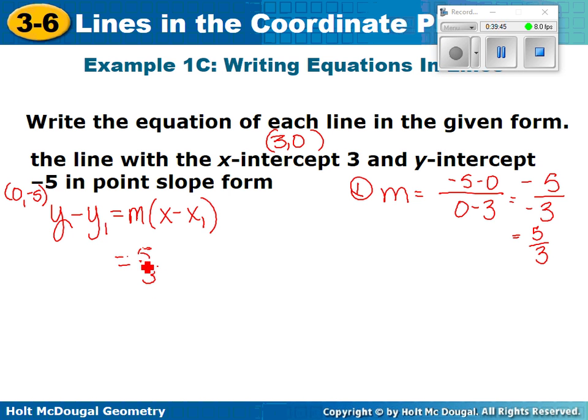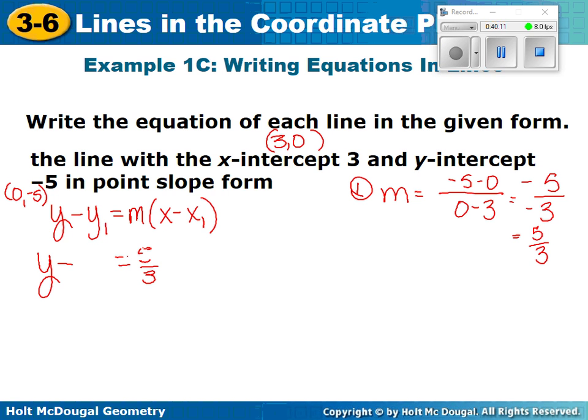Right, and go here on the left. What's going to go in for x1, y1? Either point. So there's two different answers you could write down and get credit. Pick one. Don't plug in 3, -5. So either you're going to write y minus, and I'm going to use my y-intercept here. So this would become y minus what? -5.